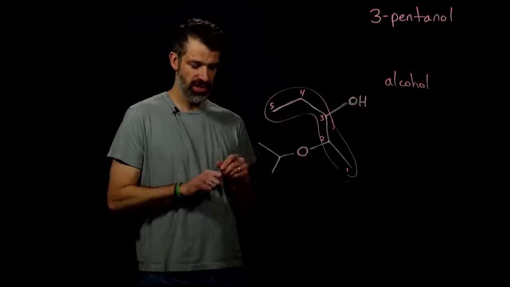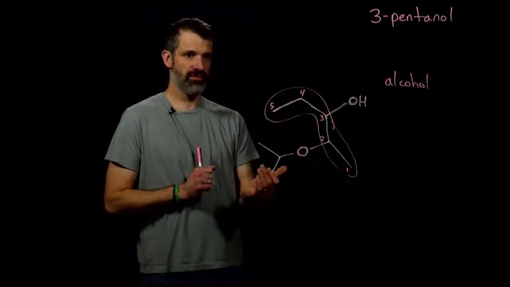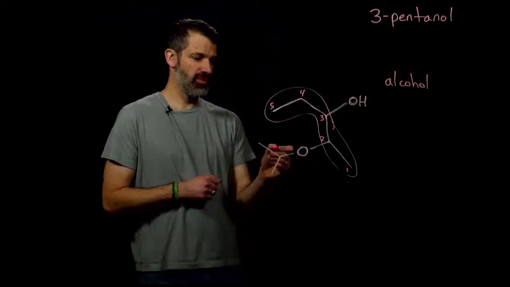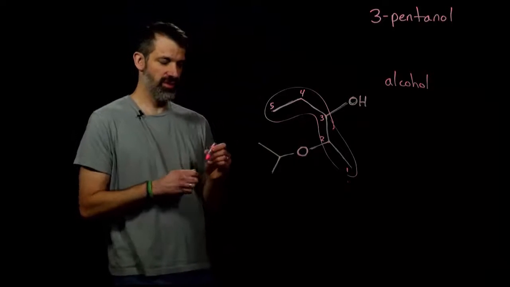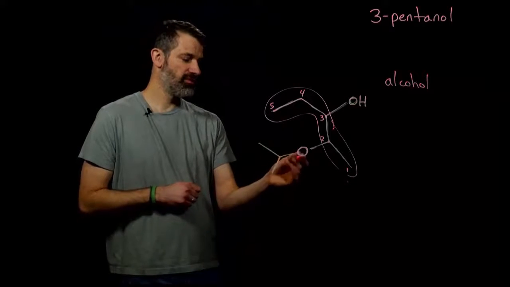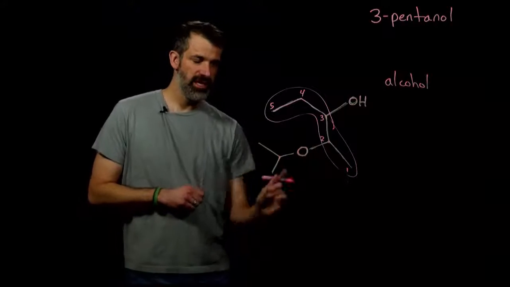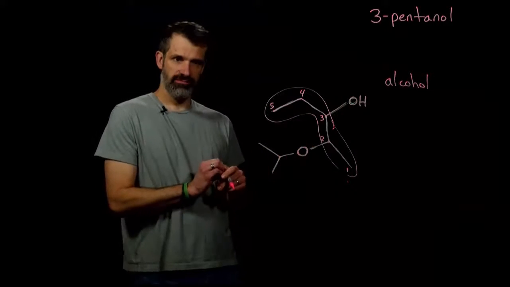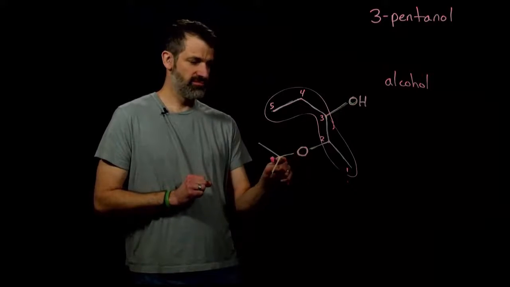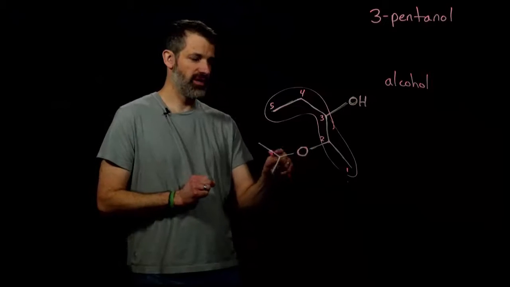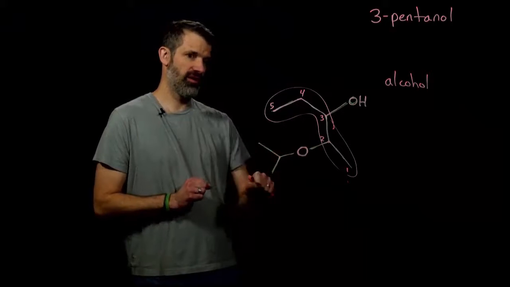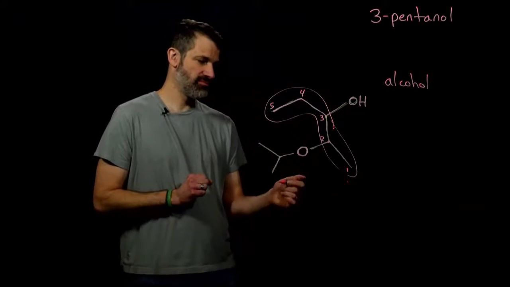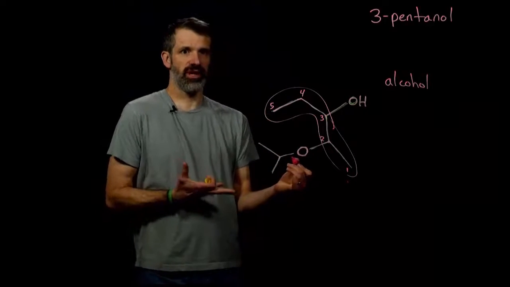Now the substituent that we have hanging off here is an ether or alkoxy group. If I eliminate the oxygen that's between the parent and this alkyl group, an isopropyl, we would just call it an isopropyl group.